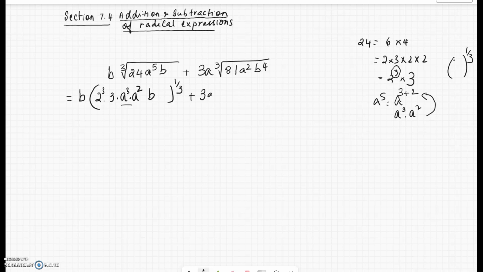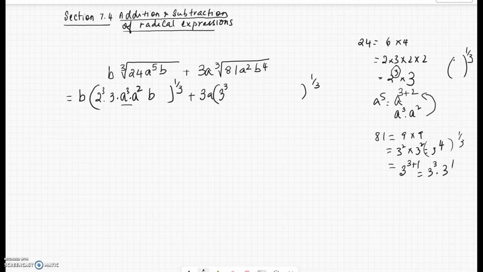Now this is 3a, and I'm going to write the rest as the whole thing to the 1/3. 81 is 9 times 9. So that's 3 squared times 3 squared. That is 3 to the 4th power. Since we're going to take it to the 1/3, I'm going to write this as 3 to the 3 plus 1. So that's 3 cubed times 3 to the 1.